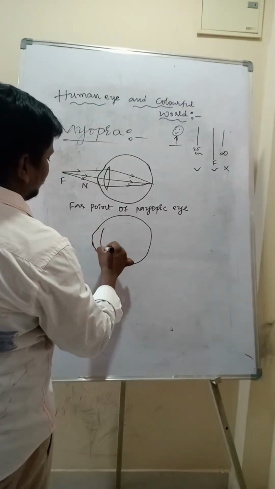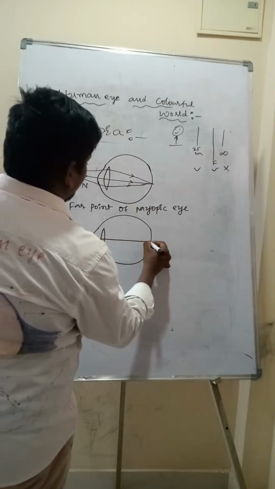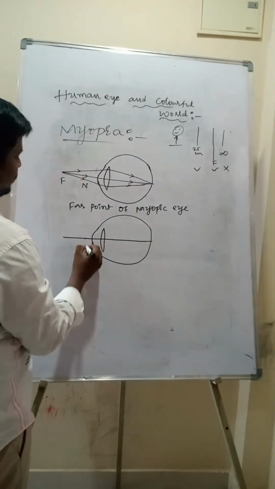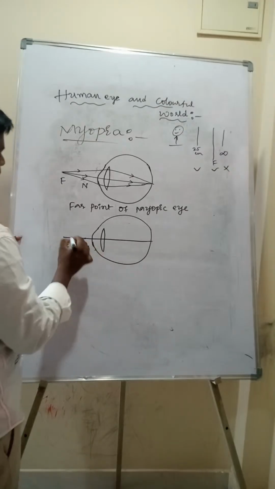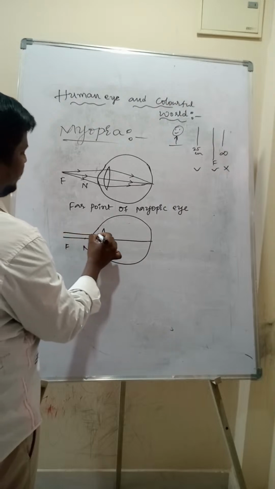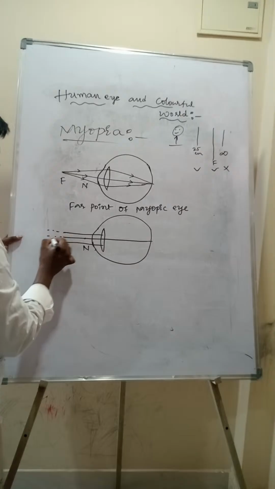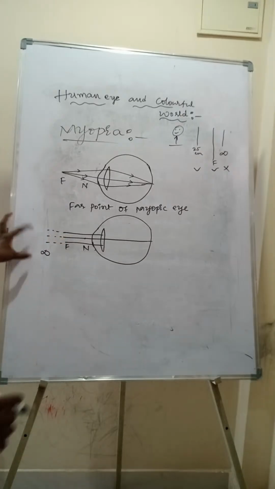I am drawing dotted lines for rays coming from beyond the far point, from infinity.